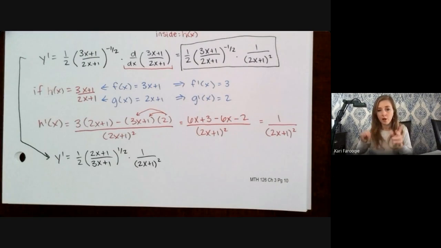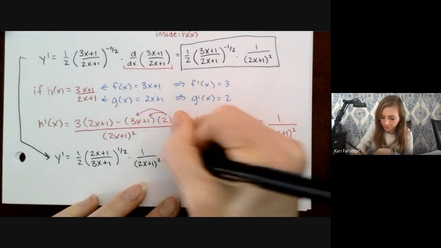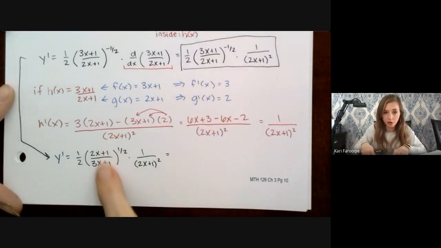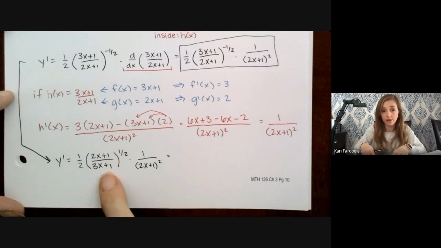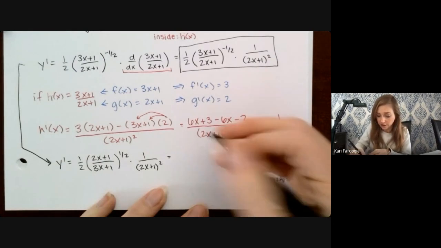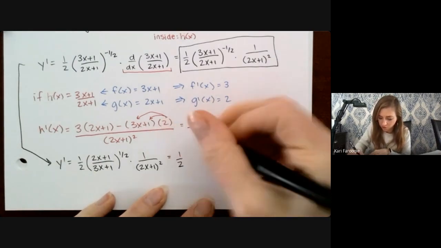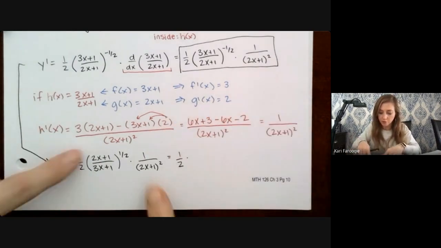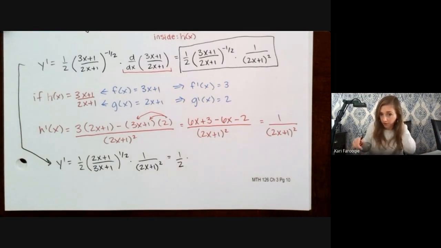Okay, now there's another thing I can do. I can go ahead and split up this quotient because I'm dividing. If I was adding or subtracting, I can't split it up. But because I'm dividing, I can split this up. And the reason I want to is because I want to be able to combine these 2x plus 1s together into a simplified expression.